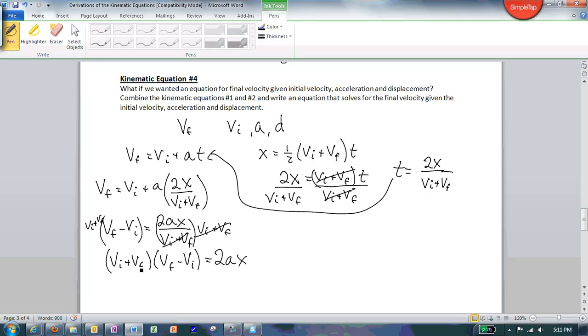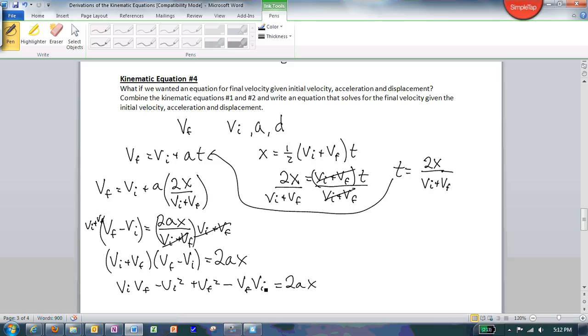Now I just need to do some foiling, multiply this out, and I get v initial times v final minus v initial squared plus v final squared minus v final times v initial equals 2ax.